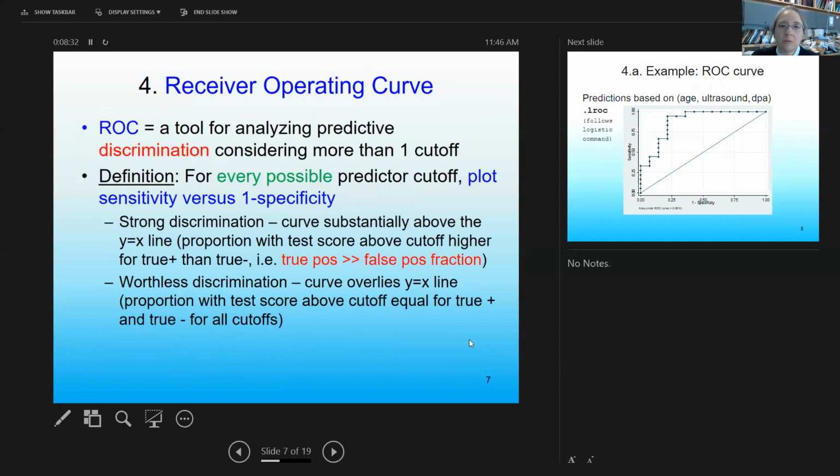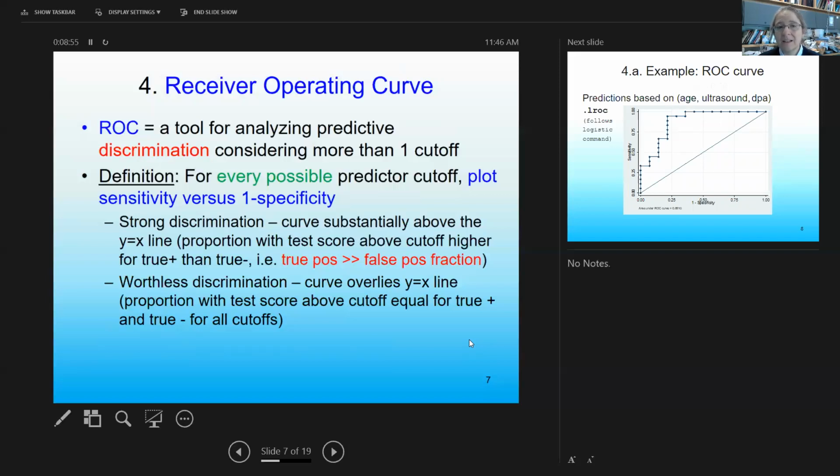Now, that's all great, but we arbitrarily declared a decision rule. And it might be that we should consider other decision rules. And so that's where the receiver operating curve comes in. The ROC curve is a tool for analyzing predictive discrimination considering more than one cutoff.